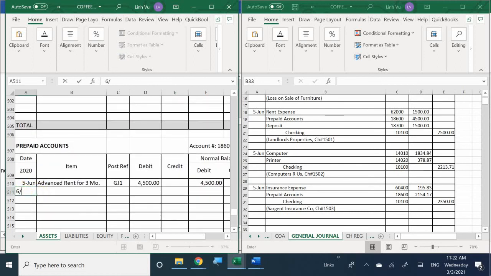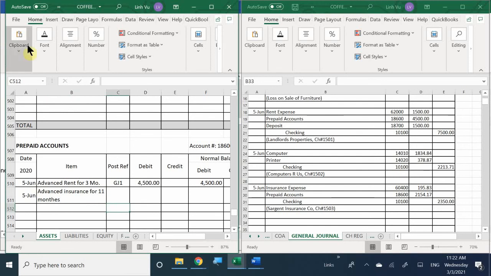And now I'm going to journalize this. So here I'm going to be descriptive. I'm going to say that this is an advanced insurance for 11 months.